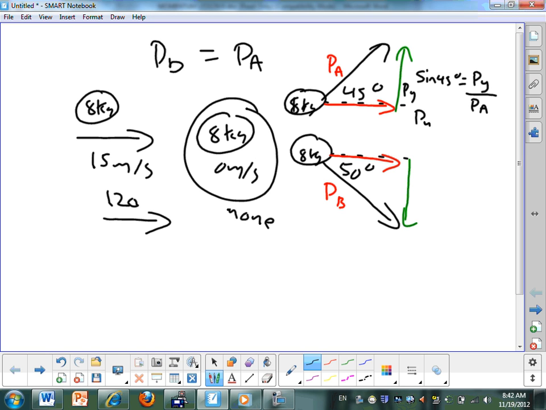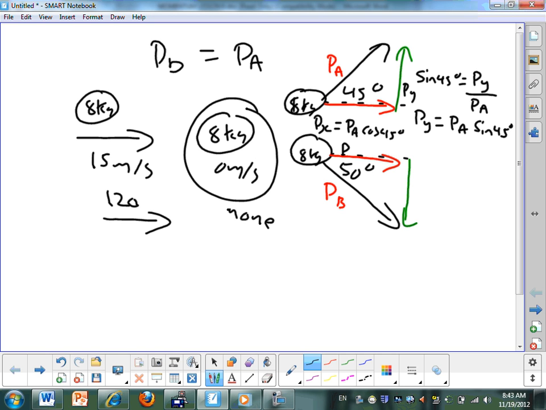So momentum in the y direction is PA sine 45. And by that same argument, PX is going to be PA cosine 45. And I'm going to do exactly the same thing to the bottom one.